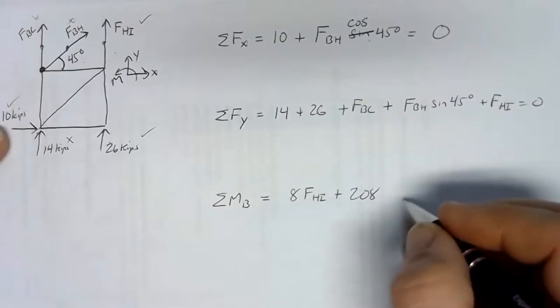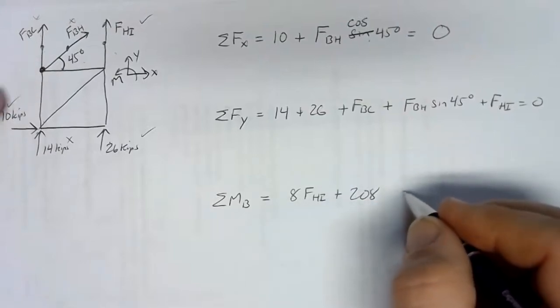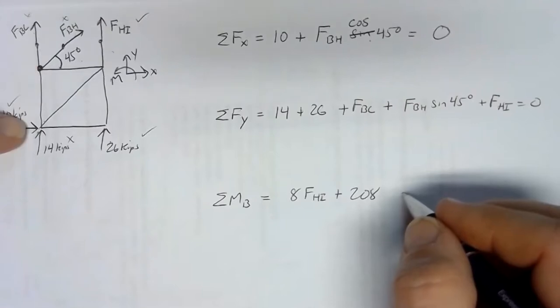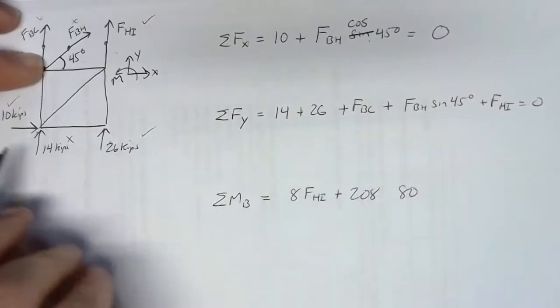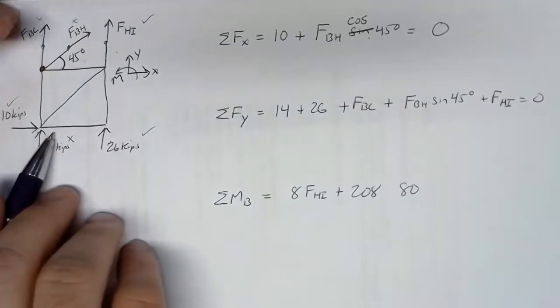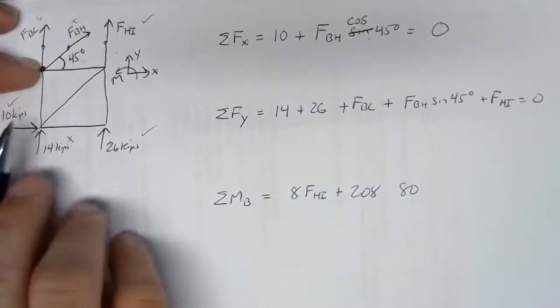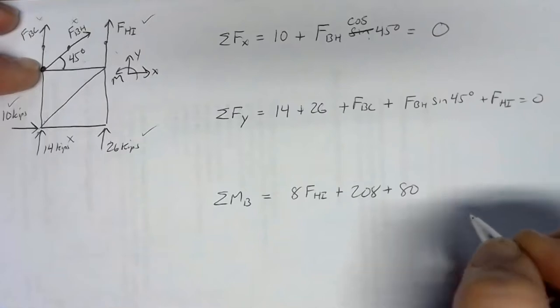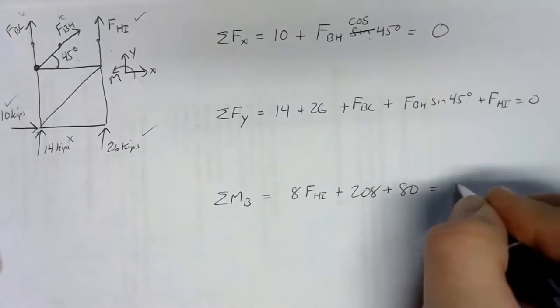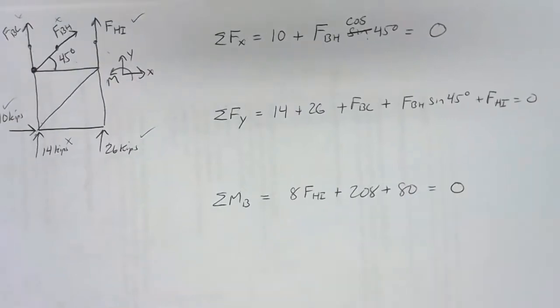Then we've got this 10 kip force, also 8 feet away from the pivot point, so that's 80. Pinned at B, pushing to the right at A, that's also counterclockwise, so that comes out positive too. No other moments, so our sum of moments is 0.